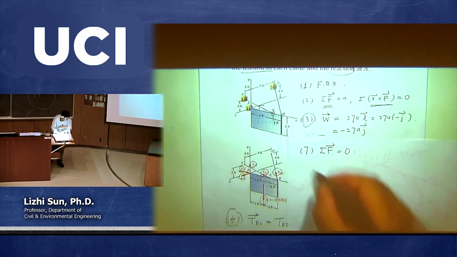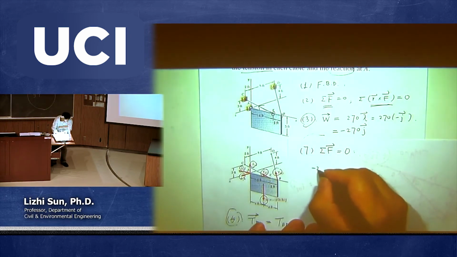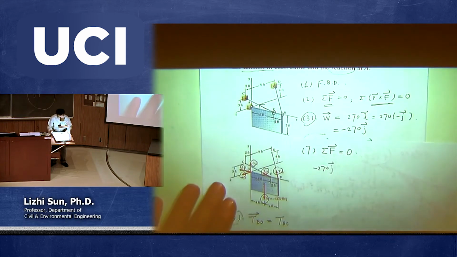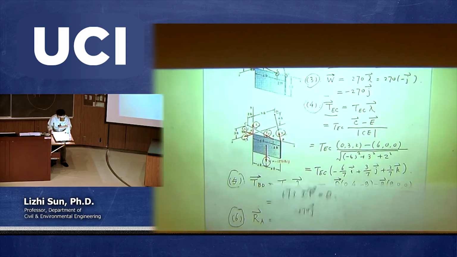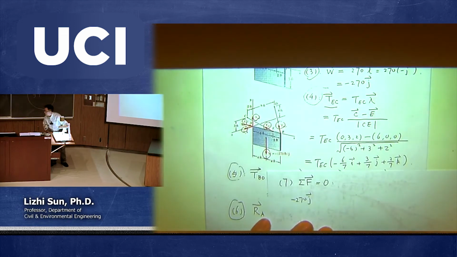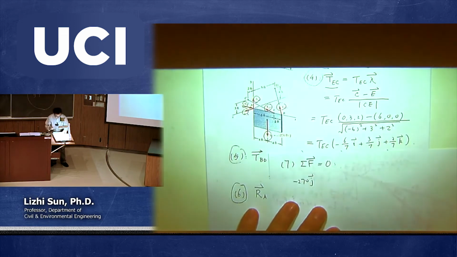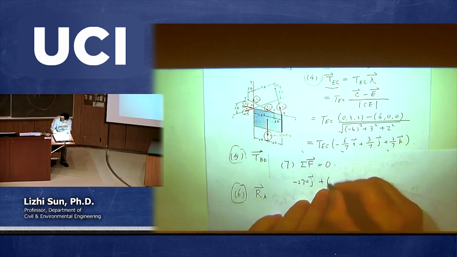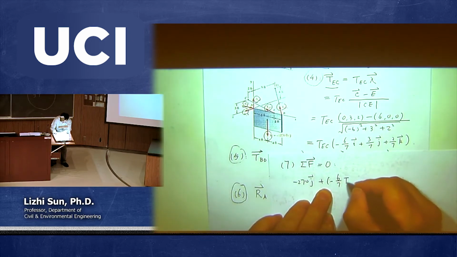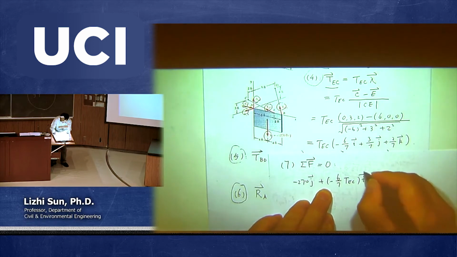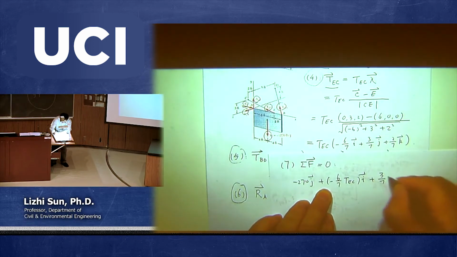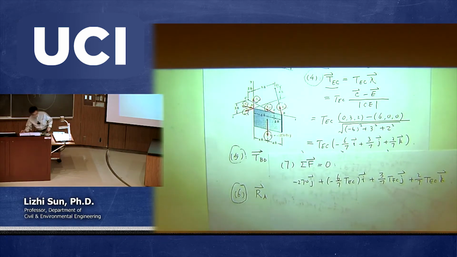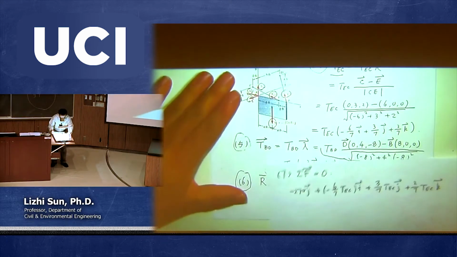First of all, we have a W. So W, we have negative 270 J, and then we have this one, plus negative 6 over 7 TEC in the I direction, plus 3 over 7 TEC in the J direction, plus 2 over 7 TEC in the K direction. Okay, so these are the three components from TEC, and then TBD.